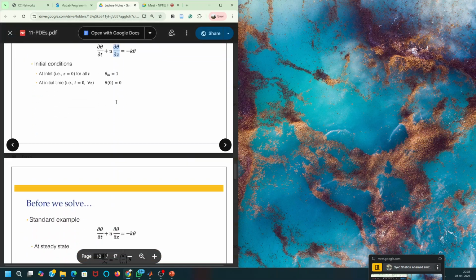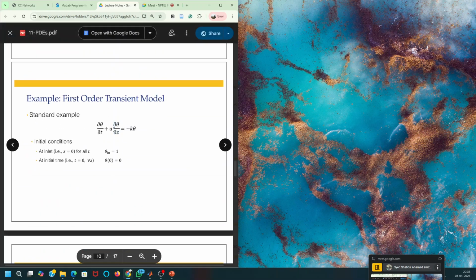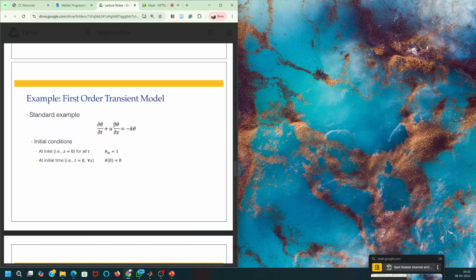There were some numerical problems. So we won't use the central difference scheme for discretizing the domain. Instead, we will use the backward difference formula. That is dou theta by dou z at i is equals to theta i minus theta i minus 1 by delta z.